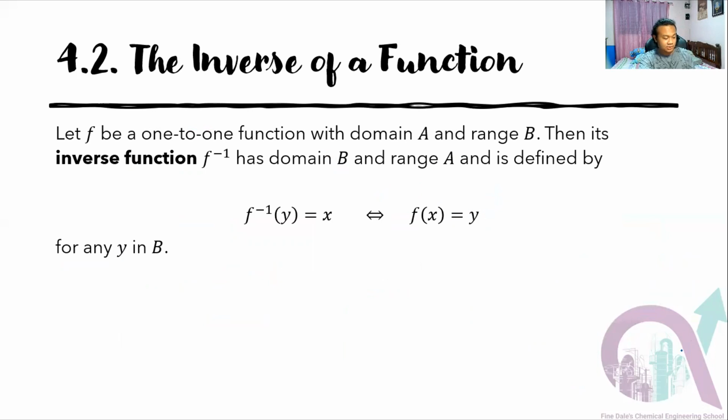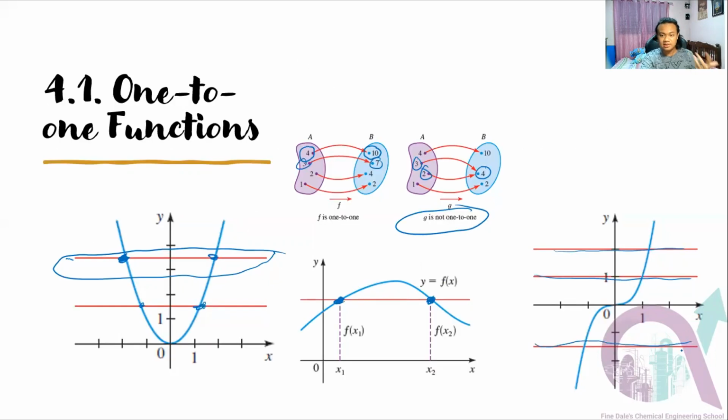If you don't want to graph, because it really takes a long time, in the last lesson we can show algebraically that a function is one-to-one. For example, in example 4.3, I've shown that you have to show that 3x plus 4 is a one-to-one function. So this is f of x. How do you show that?